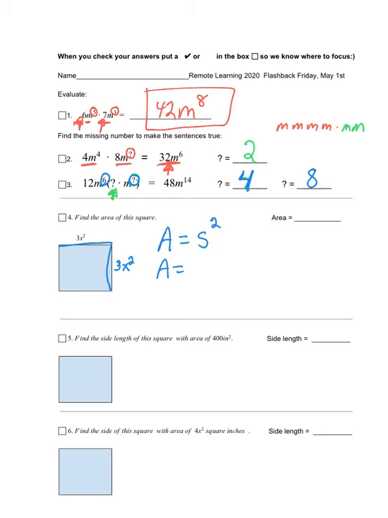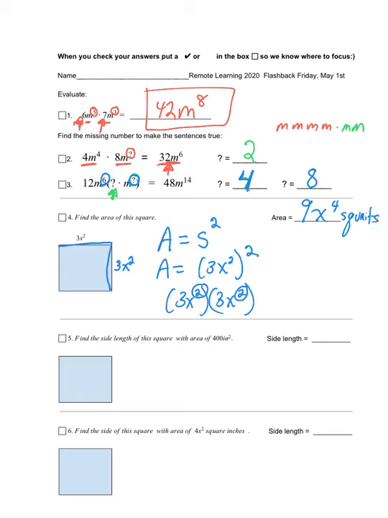I don't know the area, but I know the side length squared. If I write this out longhand and then apply my properties, 3 times 3 is 9, and then x squared times x squared gives me x to the 4th, and square units for our label.